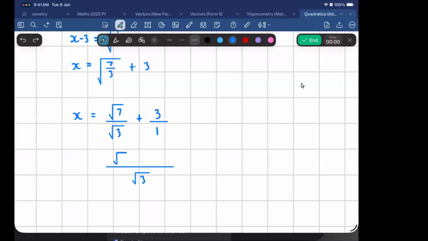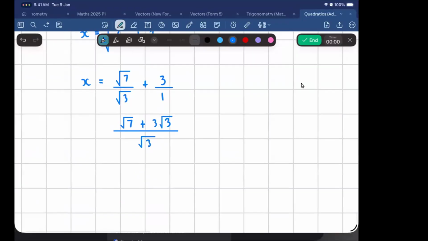And how many times does 1 go into root 3? Root 3 times. So root 3 by 3 is 3 root 3. Can't say 9. So this will be your answer for x.